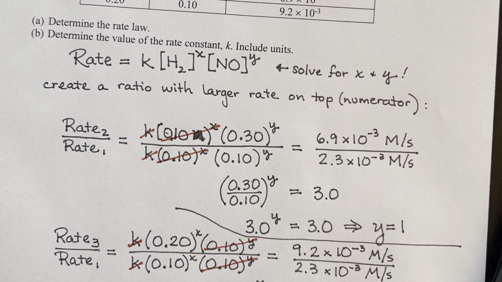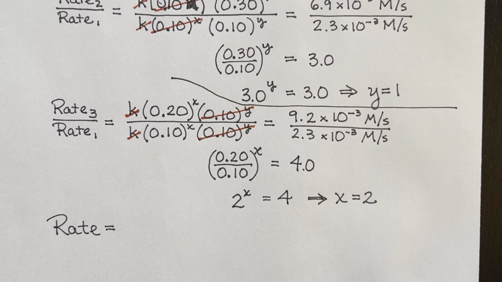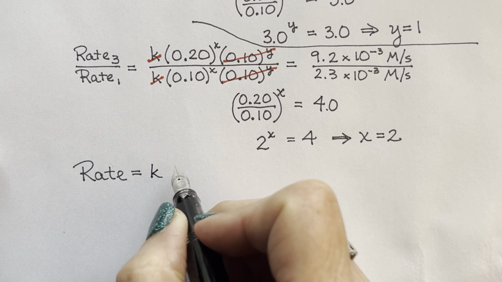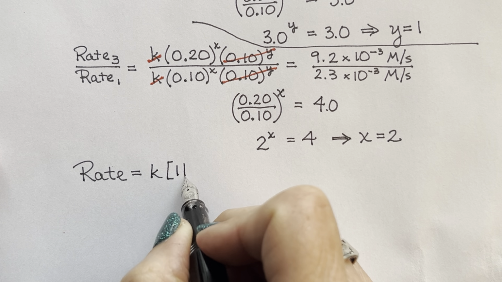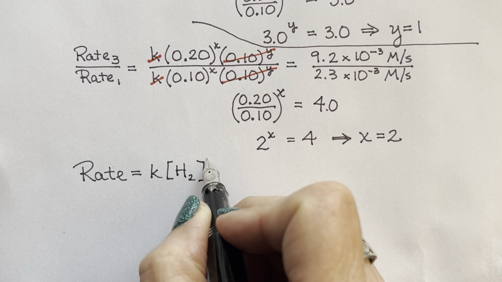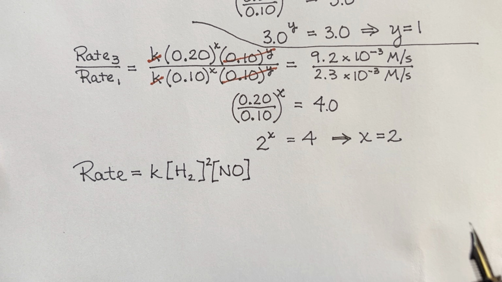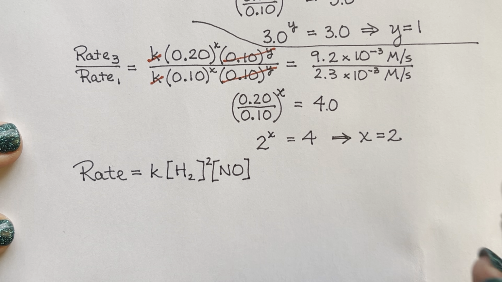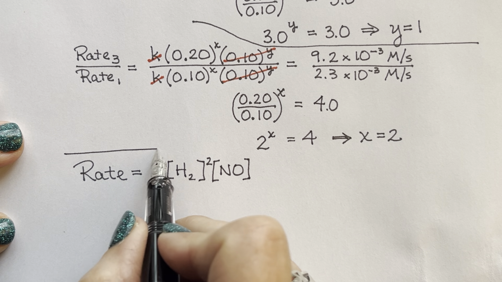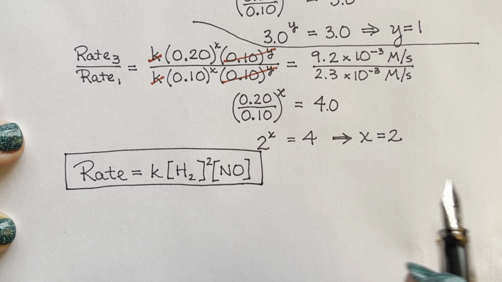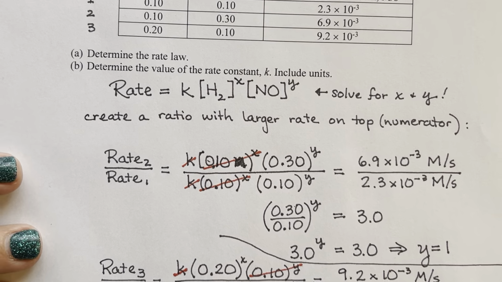All right, and so we know the rate law. This is fabulous. Rate equals k [H2]^2 [NO]. There's the rate law. I'm going to put a box around it. Yippee. We got it.